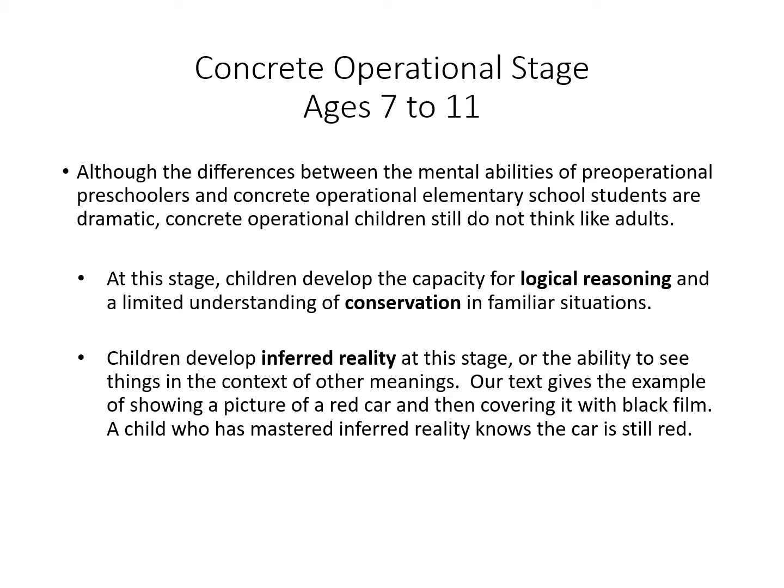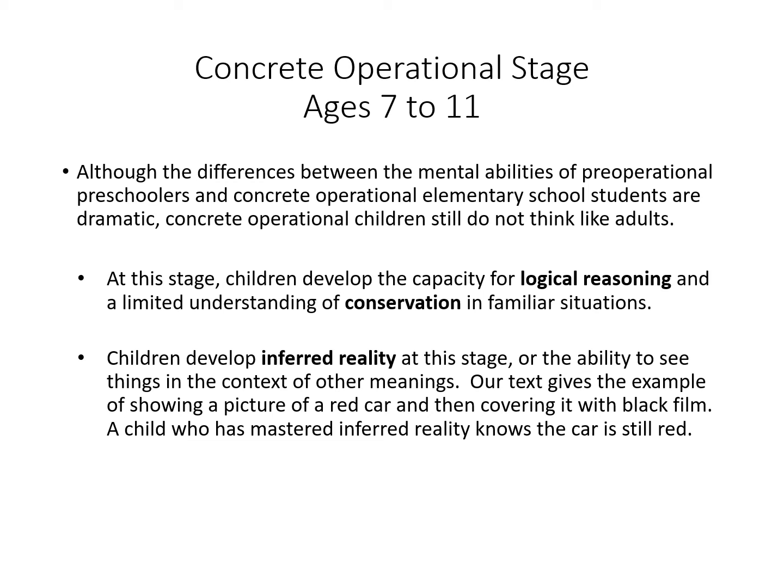Children from ages 7 to 11 enter what's called the concrete operational stage. Although the differences between the mental abilities of preoperational preschoolers and concrete operational elementary school students are dramatic, concrete operational children still do not think like adults. These are children in middle to late elementary school, sometimes early middle school.